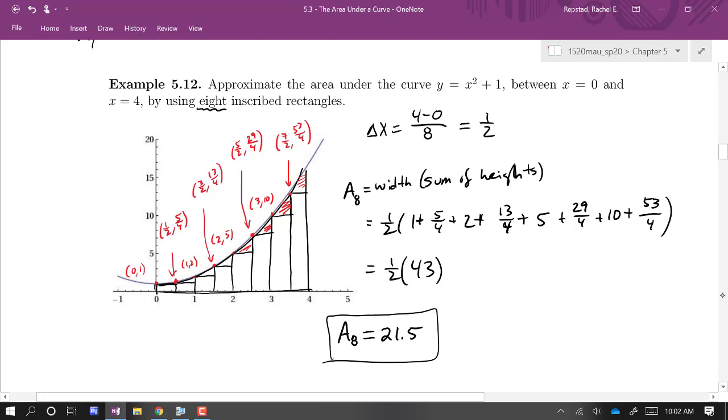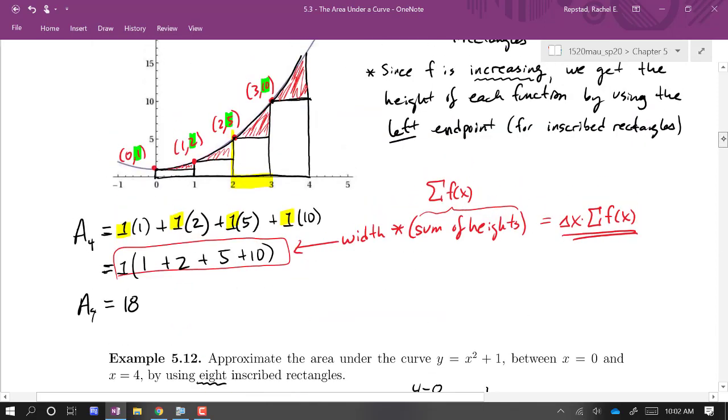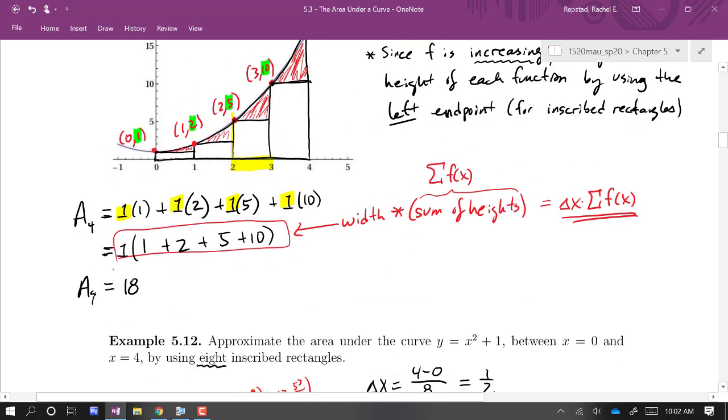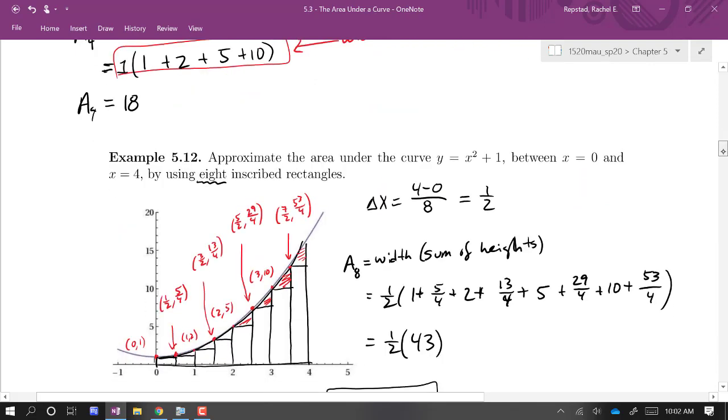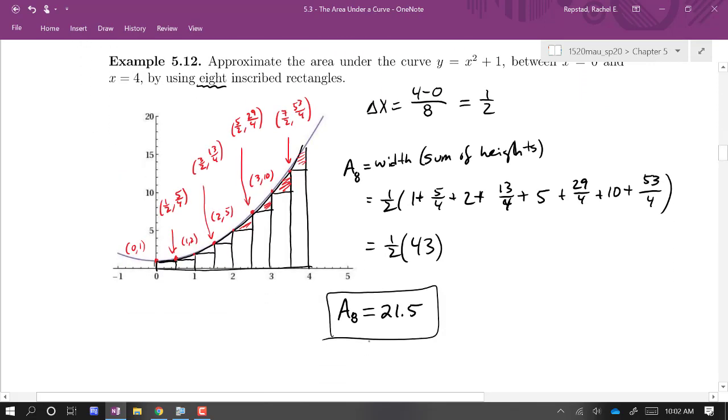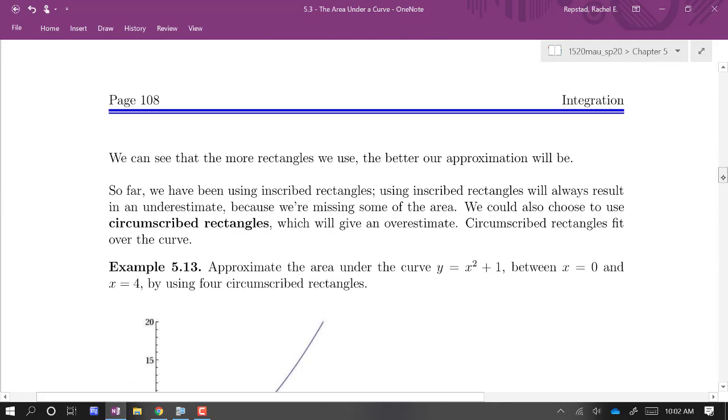I know that the approximate area with 8 rectangles and the approximate area with 4 rectangles are both underestimates. But this underestimate is bigger than the last one, which means I must be off by a lesser amount. This is closer. This is a better approximation. In general, the more rectangles that we use, the better our approximation will be.